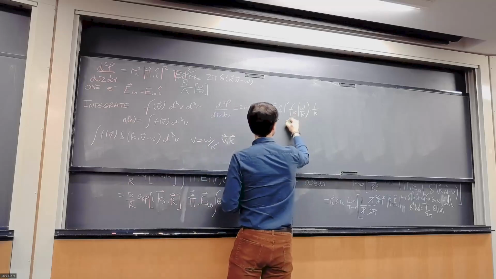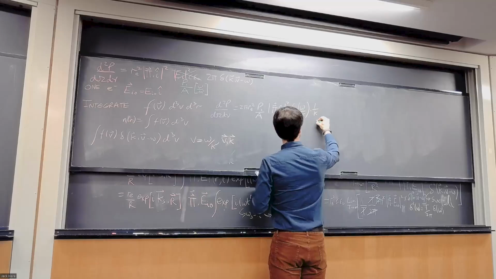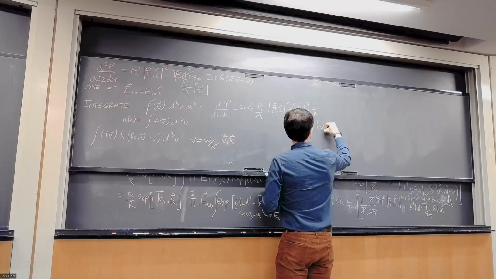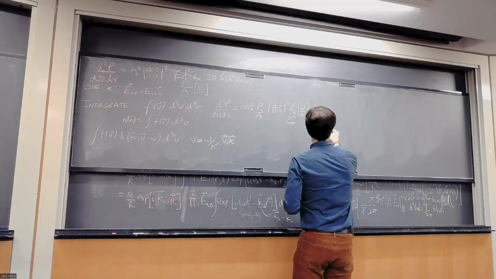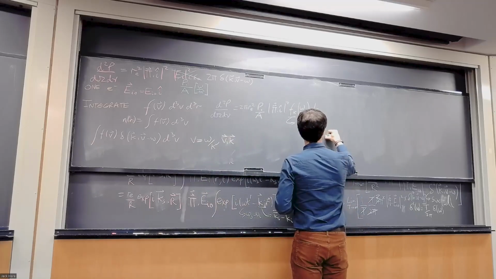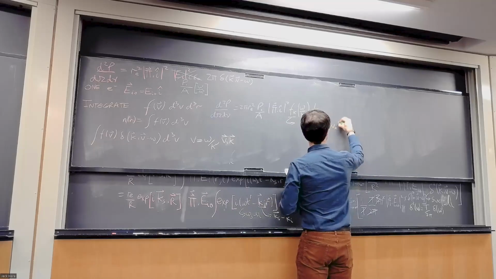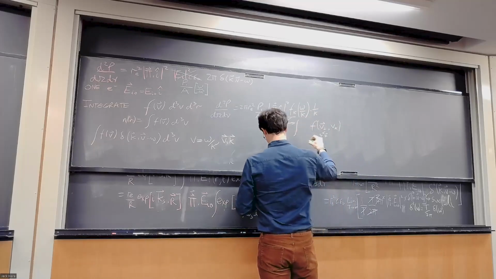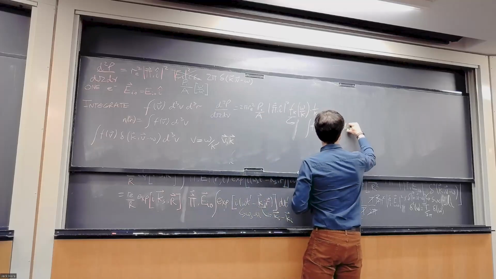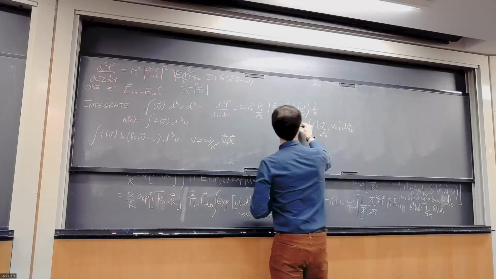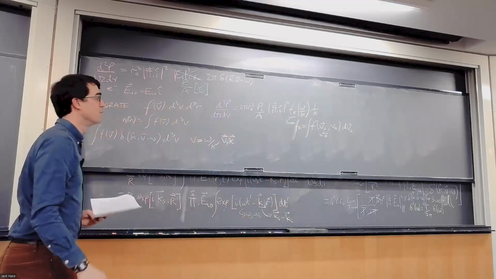This f of k, imagine we have some full distribution function in 3 dimensions where we have some coordinate that is perpendicular to k, and some coordinate which is along k. What we're doing is integrating this function over all the perpendicular velocities. So our f of k is simply a one-dimensional slice through that distribution function.